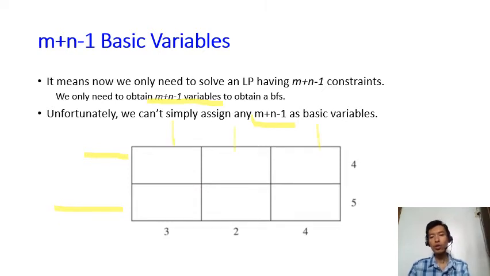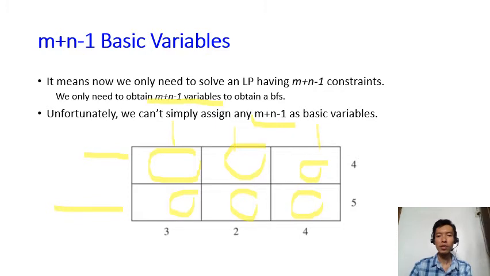So we need to set 2 plus 3 minus 1, which is 4, out of these 6 decision variables, or 6 cells, as the basic variables. However, we cannot just randomly assign 4 out of those 6, because when we do not assign them properly, then we do not get a basic feasible solution.